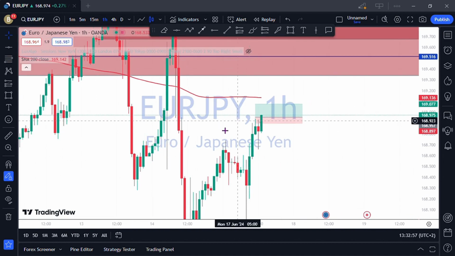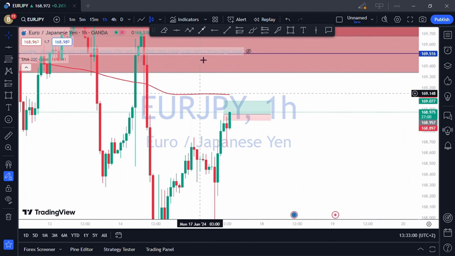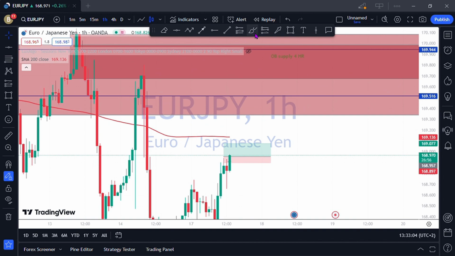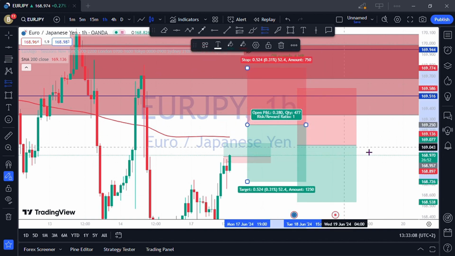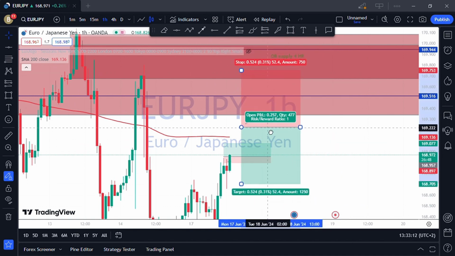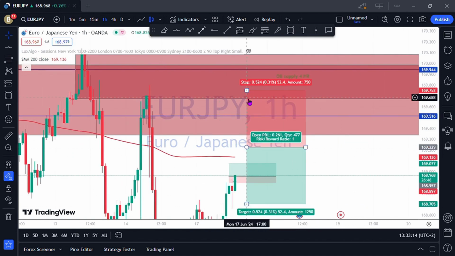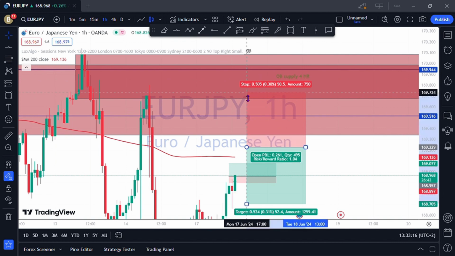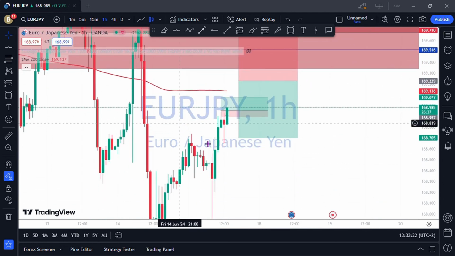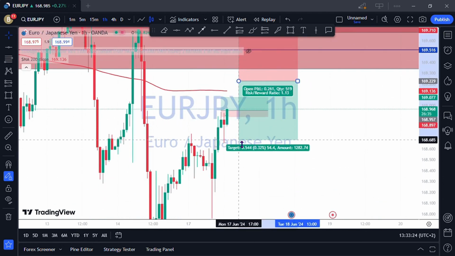Oh yeah, let's talk about target and stop loss. So my stop loss, I want my stop loss... Right now I'm going crazy into this one. So if price truly comes into this area, I want my stop loss to be right here at this resistance, and then my target to be right here.